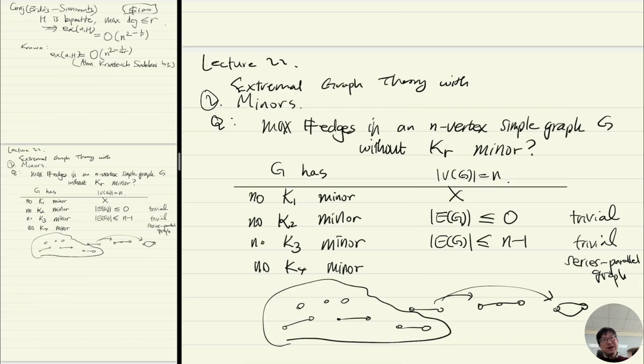And it's known that graphs without K4 minors are exactly those graphs that can be built by these two operations. And these graphs always have a vertex of degree 2 if it's simple. So that allows you to prove this quite easily.